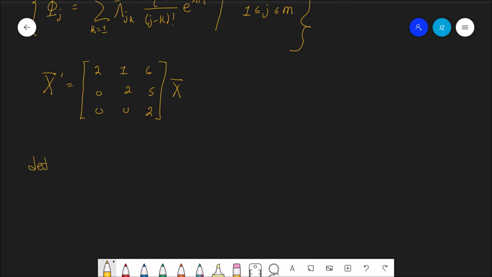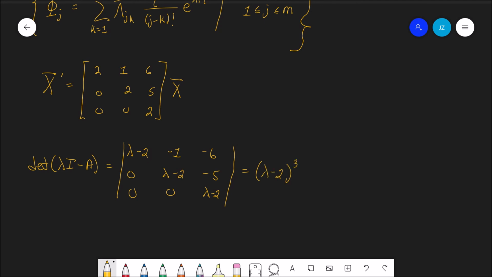So we need the determinant of lambda I minus A, which is the determinant of lambda minus 2, negative 1, negative 6, 0, lambda minus 2, negative 5, and 0, 0, lambda minus 2. This determinant is (lambda minus 2) cubed. That has to be 0. So we get a single eigenvalue, lambda equals 2, and it has a multiplicity of 3.